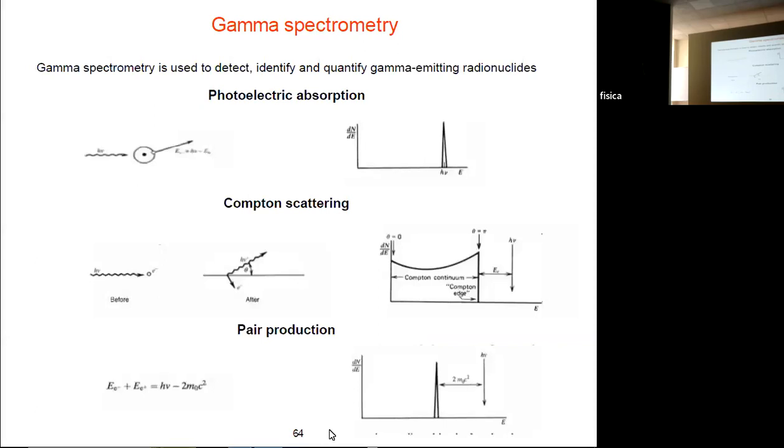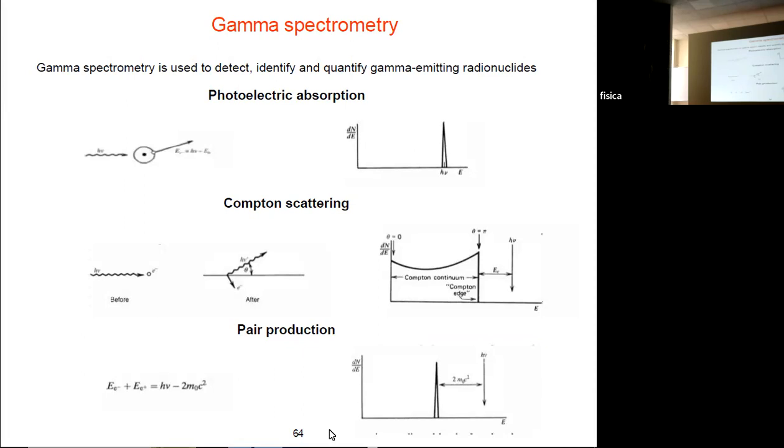And the main thing we care about for gamma rays is the topic called gamma spectrometry. This is the idea where you detect, identify, and quantify gamma emitters.